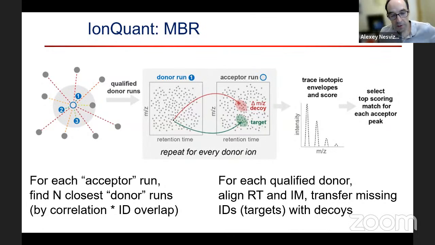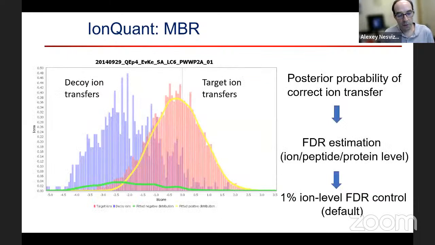So we create these decoys and try to transfer them. For all the things that we developed for target-decoy analysis, we calculate a score for each transferred ion, based on how close it is in retention time to the expected value, the ion mobility, and the isotope pattern: does the one in the donor run match the one in the acceptor run?